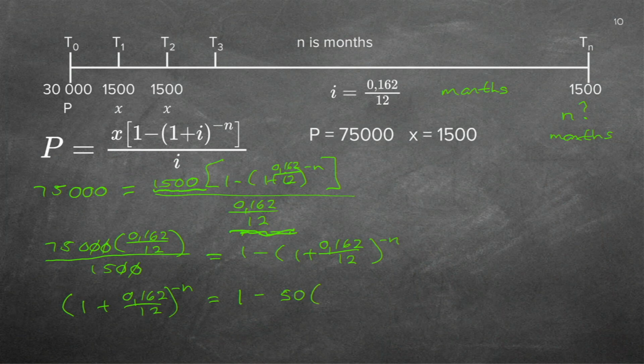So it's 50 times 0.162 over 12. 1 minus that whole, let's do it a different color just to let you see that whole thing there is now what I've got here. Have you got that? And I just close my bracket. So 15 goes into 750 50 times, and next to it is still that bracket. It just makes the calculation a bit easier.